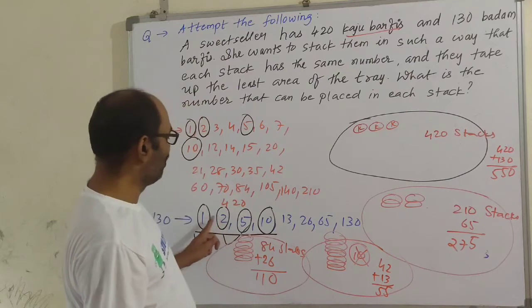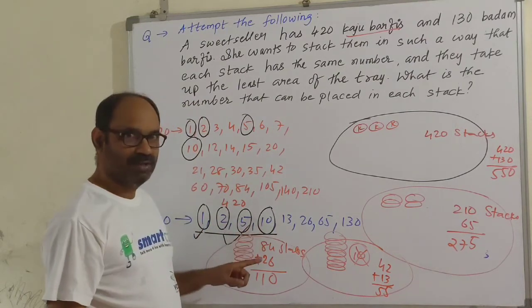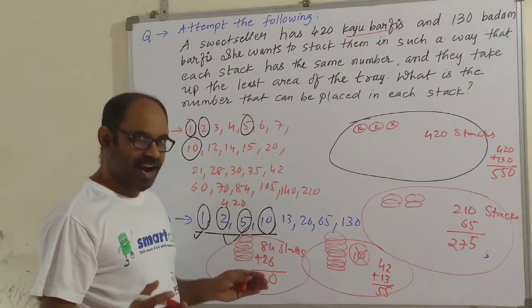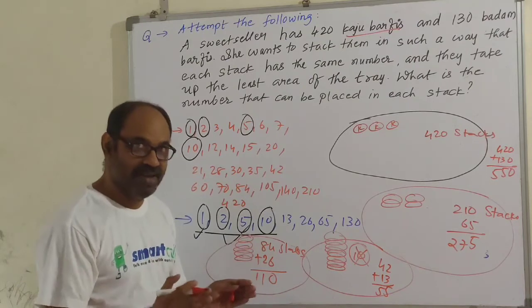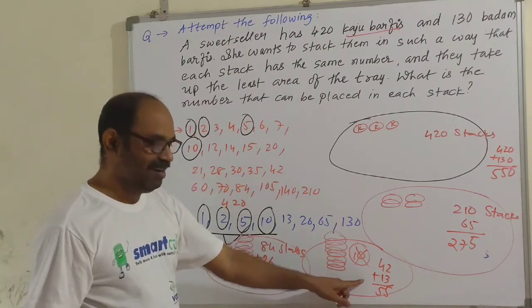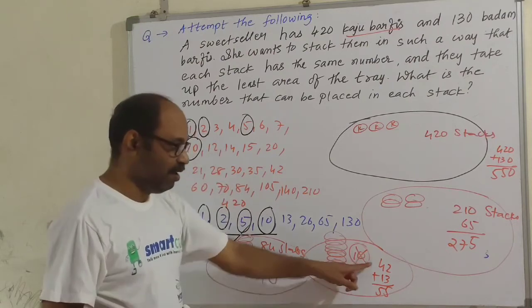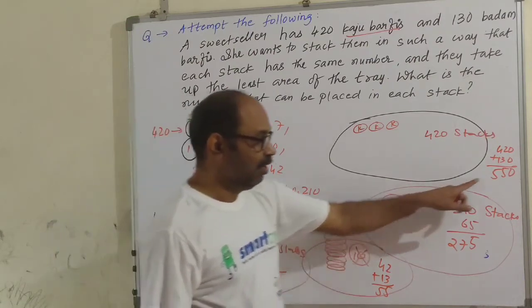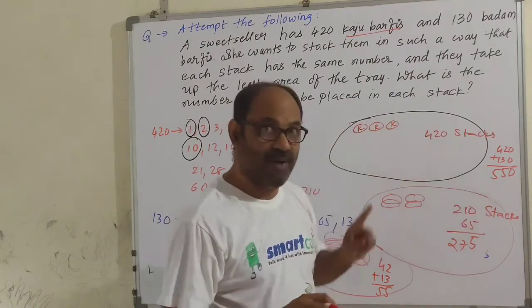So which option will you choose? Will you choose the first, second, third or fourth? In which case is the area occupied by the stacks of burfis the least, the minimum? Yes, only 55 stacks have to be arranged, and in each stack the number of burfis would be 10. Here, 550 stacks will have to be arranged, and in each stack there is only one burfi.